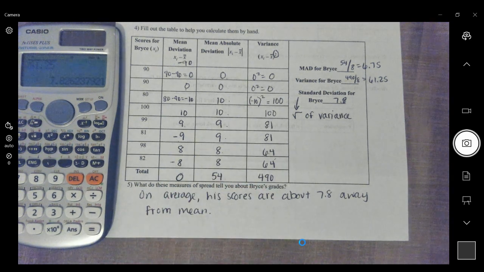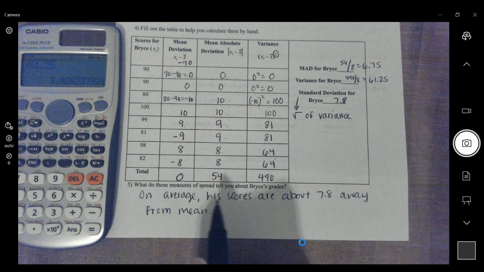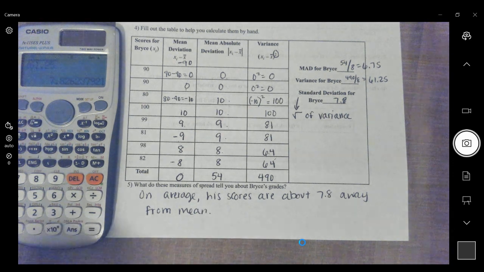Okay, so that's pretty spread out. He's not clustered around that mean. 7.8 would be like a 90 and almost a 98. So those are pretty spread out there. And what's nice about statistics is the sentences usually look the exact same. So if you can find the way to word it, just kind of word it that exact same way every single time to make sure you're consistent.